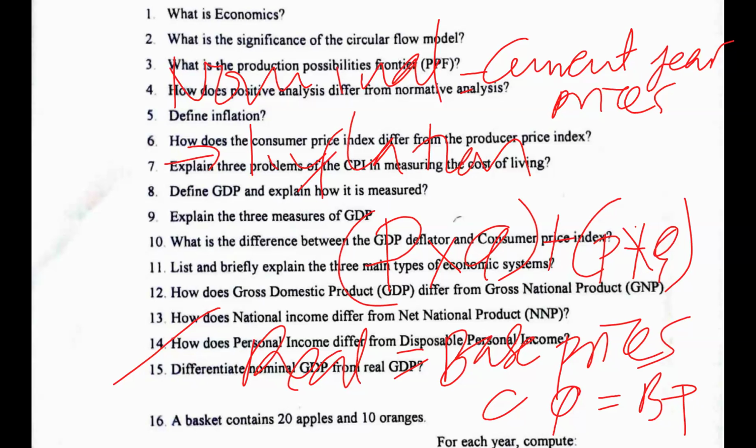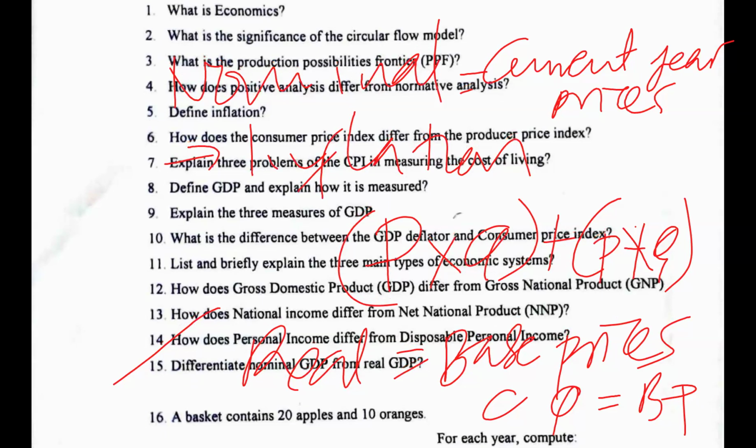That's what you do when you're dealing with it. So for example, you could be in 2024, and then you can use the prices of 2021. You want to see how prices have changed from 2021 to 2024. When you use the year of reference prices, or the prices of the base year, to measure this GDP, the GDP you produce is called the real GDP. Any questions?